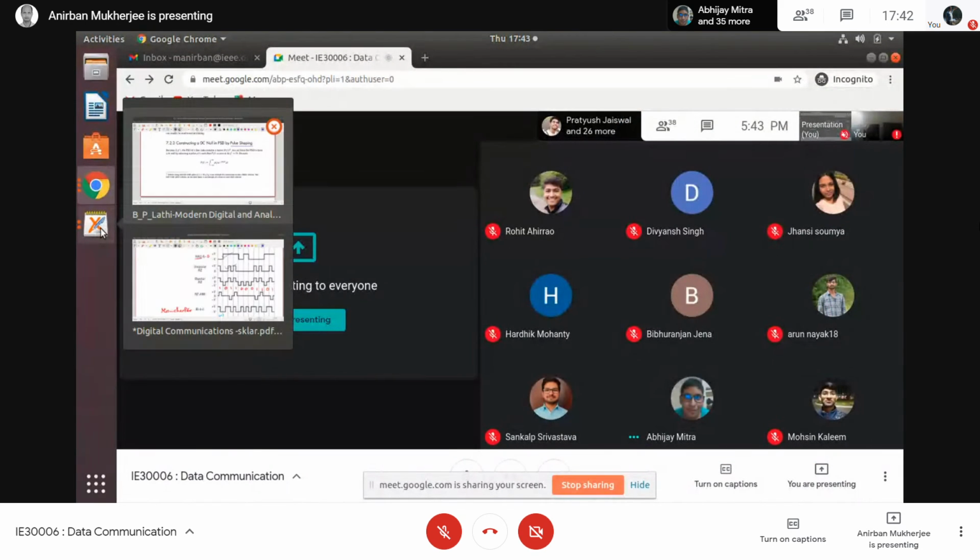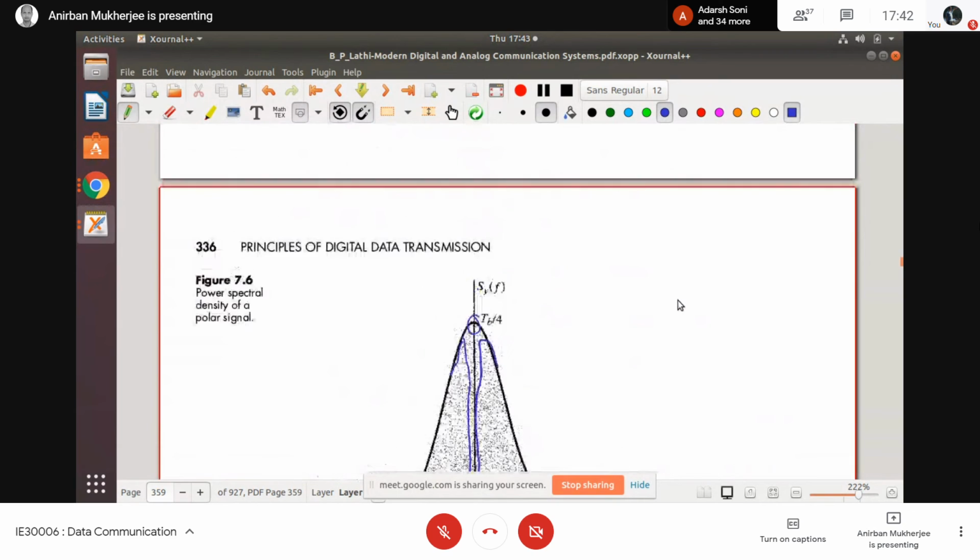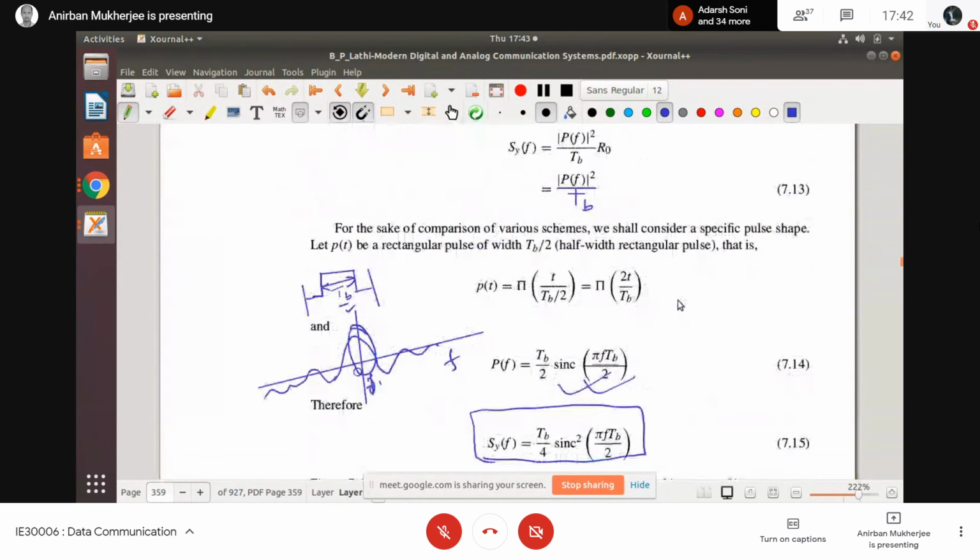Yes sir, can you explain how that pi function came? Pardon? Sir, the transform of the rectangular pulse. You are talking about this one? Okay. Forget about this one.